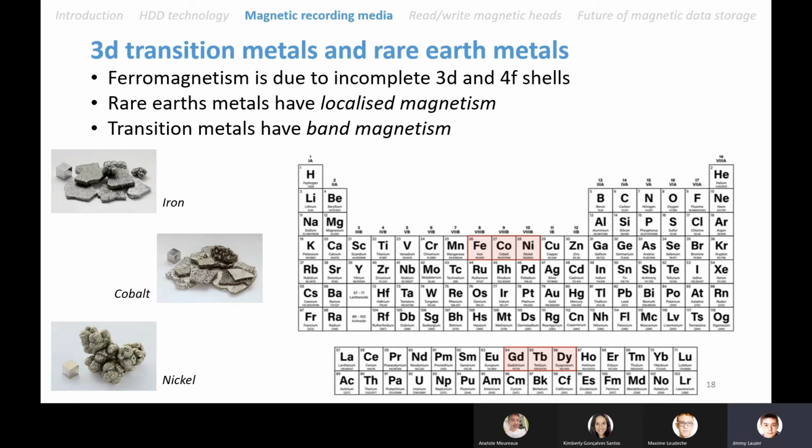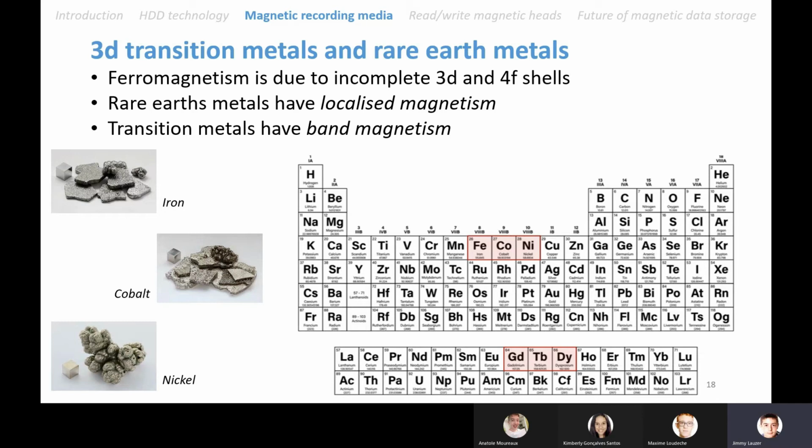There are different origins to ferromagnetism. Rare earth metals and 3d transition metals can both be ferromagnetic, although their ferromagnetism is due to different sources. Rare earth metals have what we call localized magnetism, and unlike them, 3d transition metals do not have their own magnetic moment.